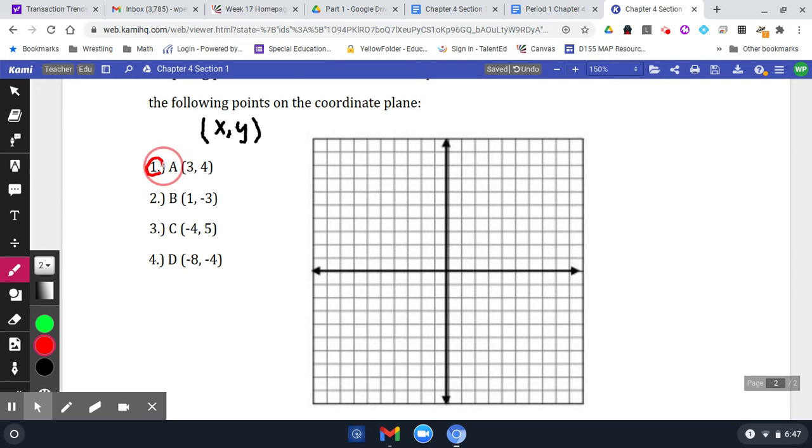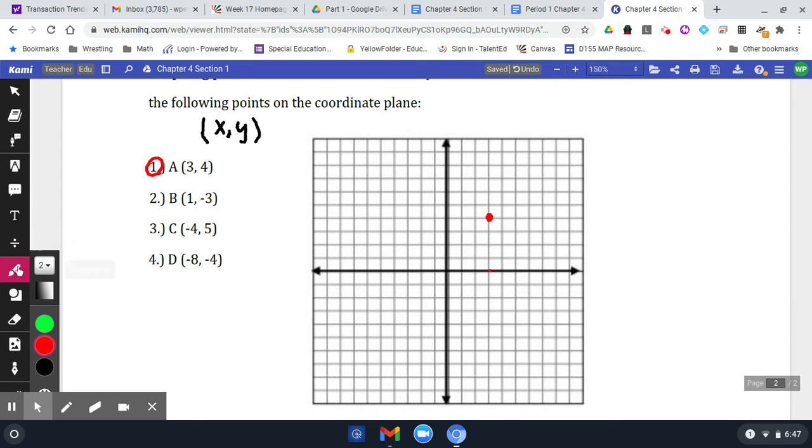I'll circle that. So 3 is our first number, so we're going to go to our graph. We always start at 0, 0. We move 1, 2, 3. Now, the nice thing with the cami is I can make a dot there. But that's only the first part of this problem. That's over 3, up 4. So from there, I go 1, 2, 3, 4. And that's officially where I'm going to make my coordinate.